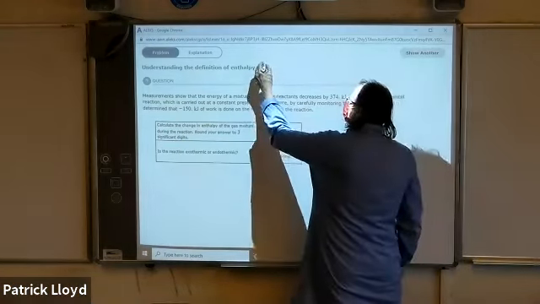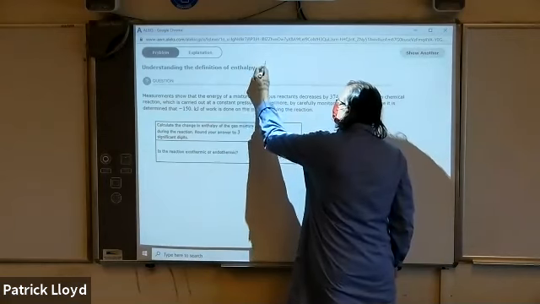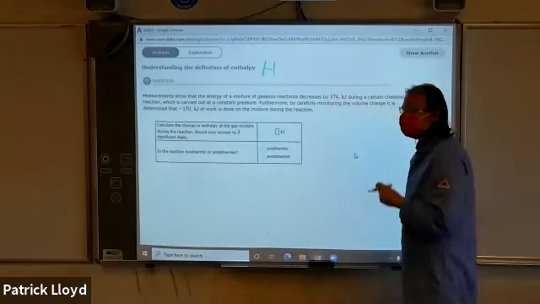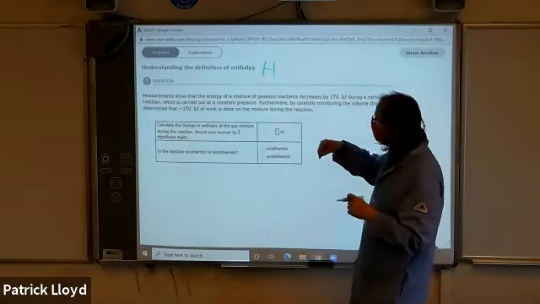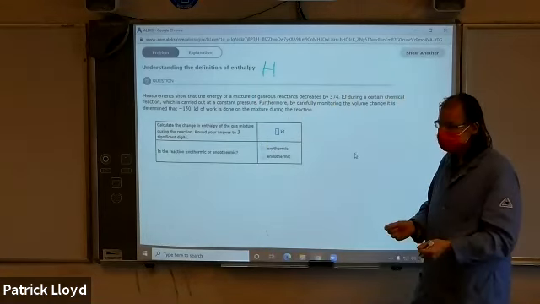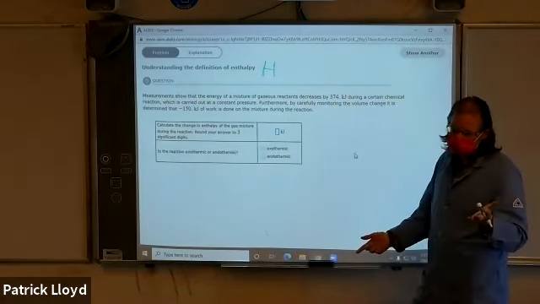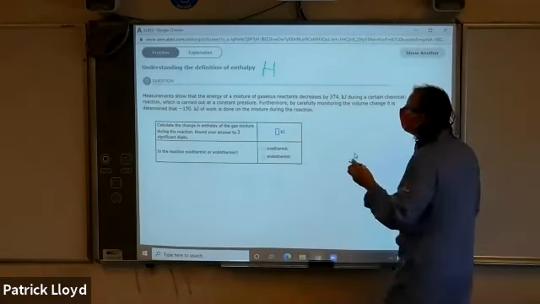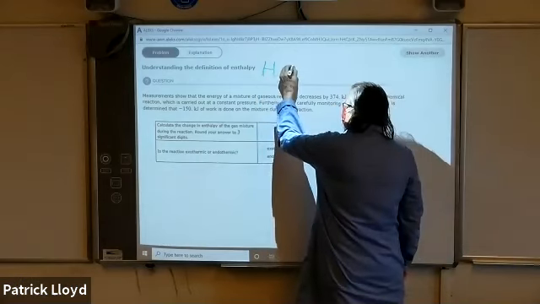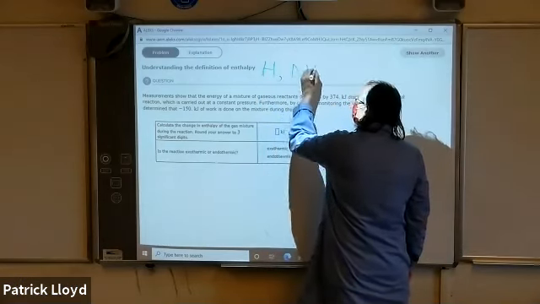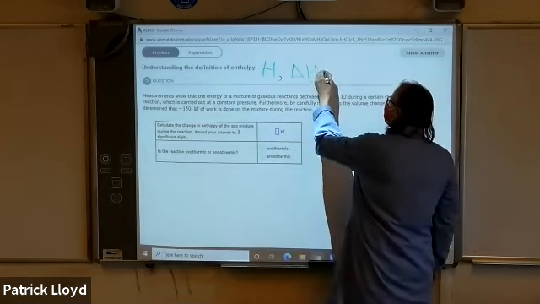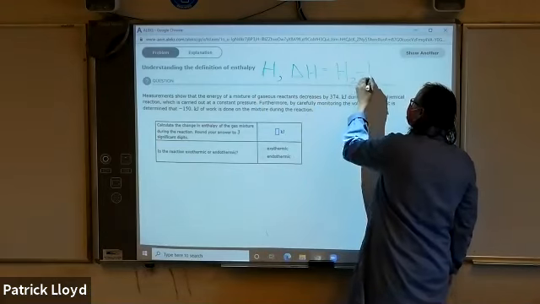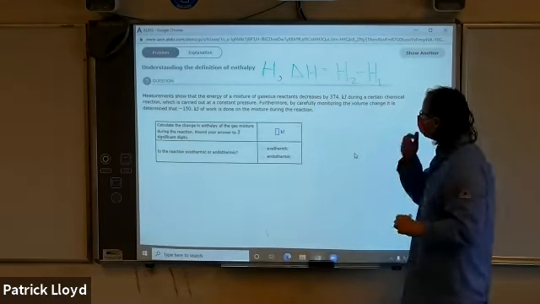The symbol for enthalpy is H. I remember it this way: think of enthalpy as heat. There's a relationship between enthalpy and heat that we'll look at. And then there's something called delta H, the change in enthalpy, which is equal to H final, or H2, minus H initial, which is H1.